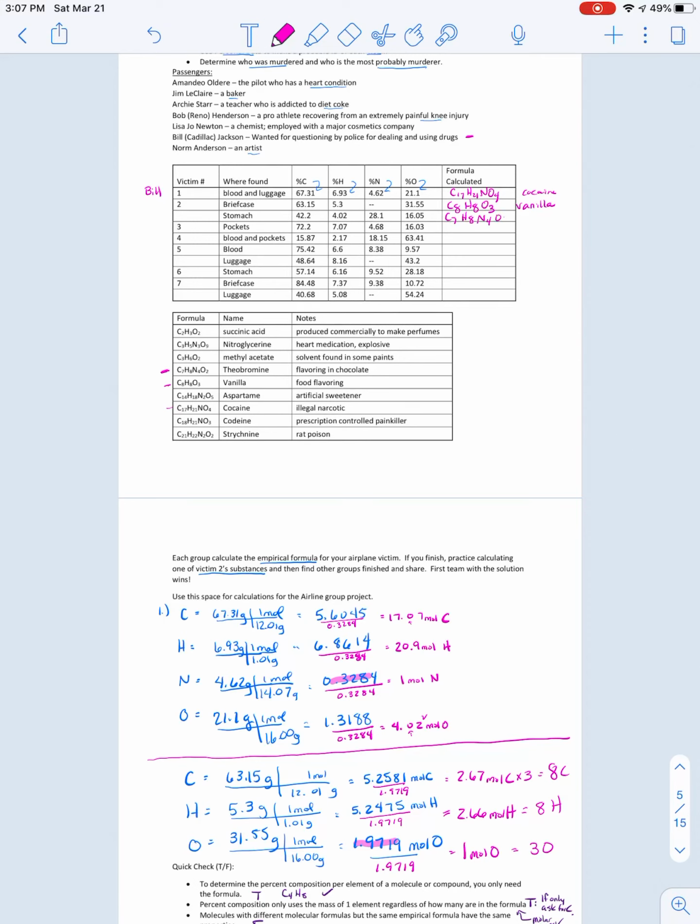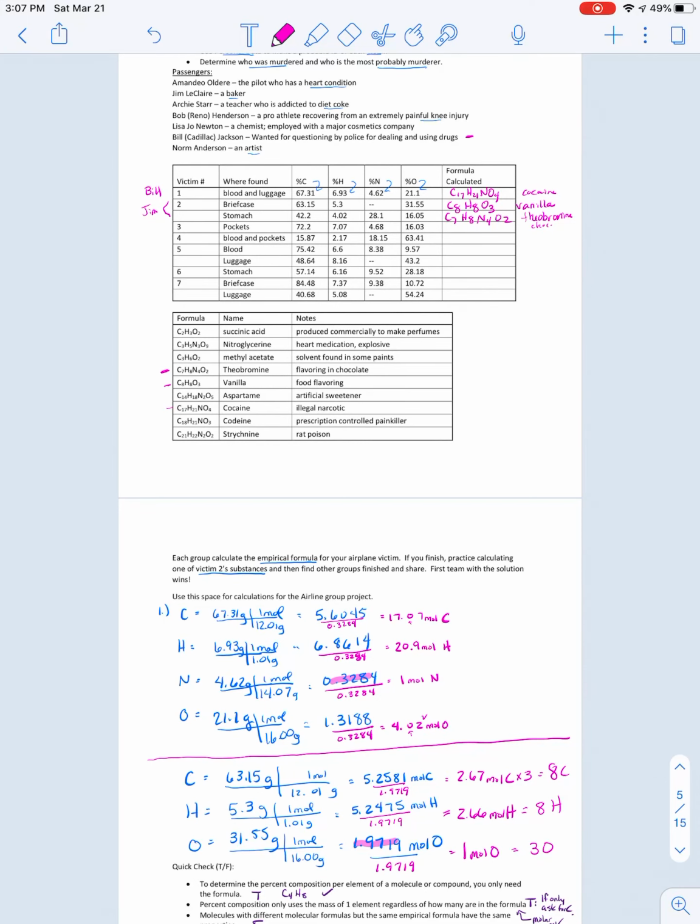I don't have this one completely all worked out to show you, but the next one is going to be C7H8N4O2, which is the theobromine, which is found in chocolate. So notice we have vanilla and chocolate stuff. So this person right here, this is our baker, Jim.